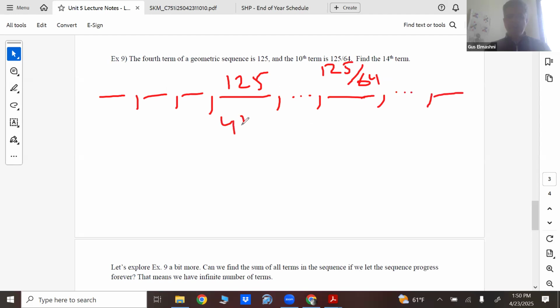So that's the 4th term. That's the 10th term. I want the 14th term. How many times do I have to multiply R to the 4th term to get to the 10th term? 6 times, good. So 125 times R raised to the 6th power.